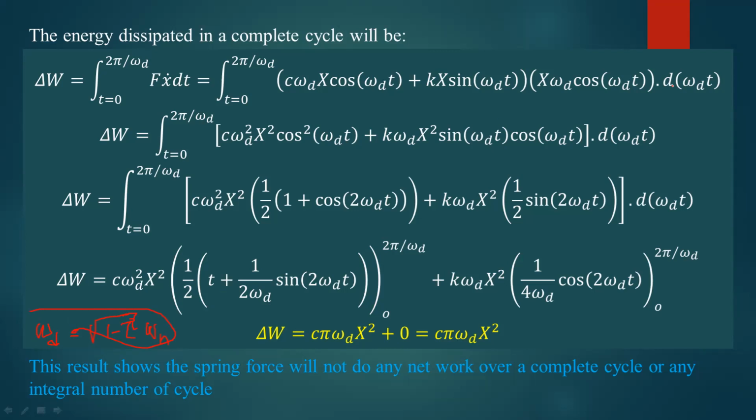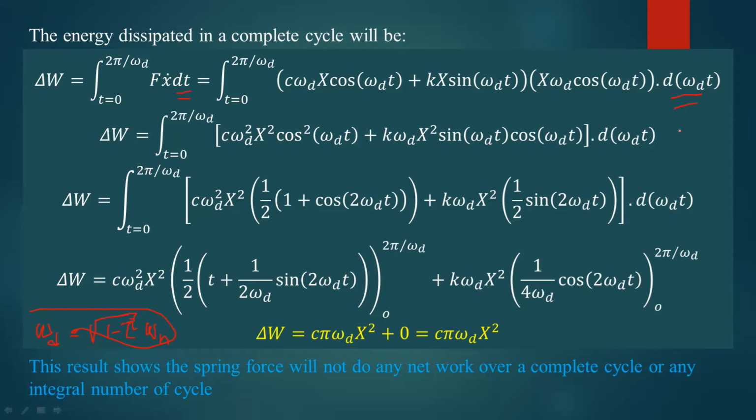By rearranging and properly differentiating dt, this time domain representation is changed to the frequency domain. Here in F x dot dt, the dt is changed into d omega_d t, which is the frequency domain.